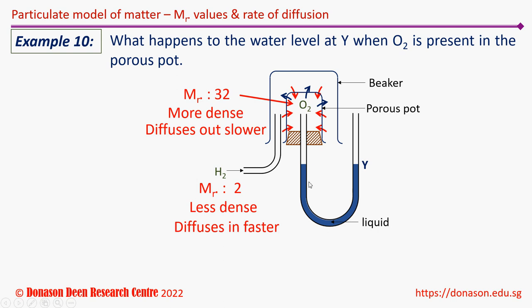This is also called the manometer. And the right side, since it is open to the atmosphere, the pressure on the right side is equal to the atmospheric pressure. So the gases here are going to push it down on the left hand side of the limb. And of course on the right hand side of the limb, where the Y is, the water level is going to rise. So the answer for this is the water level at Y is going to increase, or rise, or go up.